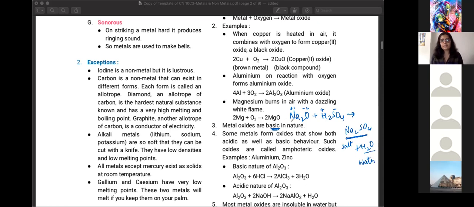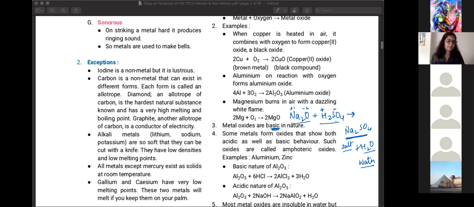Okay, so when metal oxide reacts with acid, you get salt and water. So what is that similar to? Neutralization reactions. Correct. So that is how you can show that metal oxides are basic in nature. Just like bases, metal oxides, when they react with acids, neutralize the acid to form salt and water.